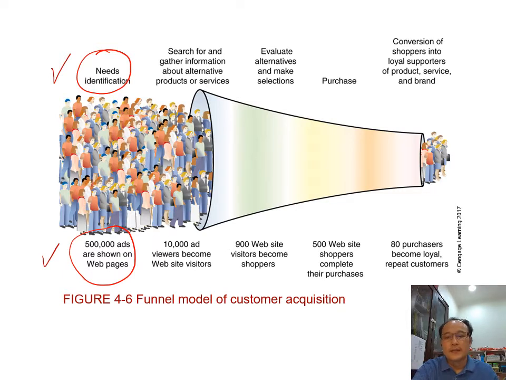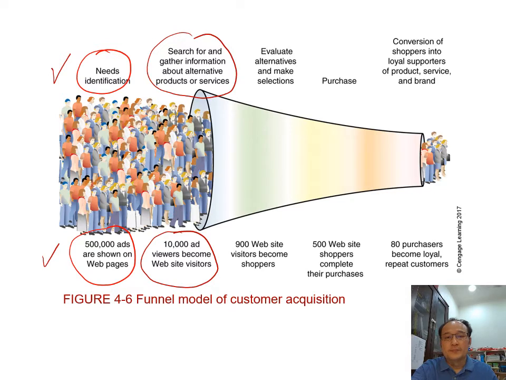The second stage is to search and gather information about alternative products and services, so the customer may compare and look for the best products. The e-commerce company may target maybe 10,000 ad viewers, or what we call website visitors.